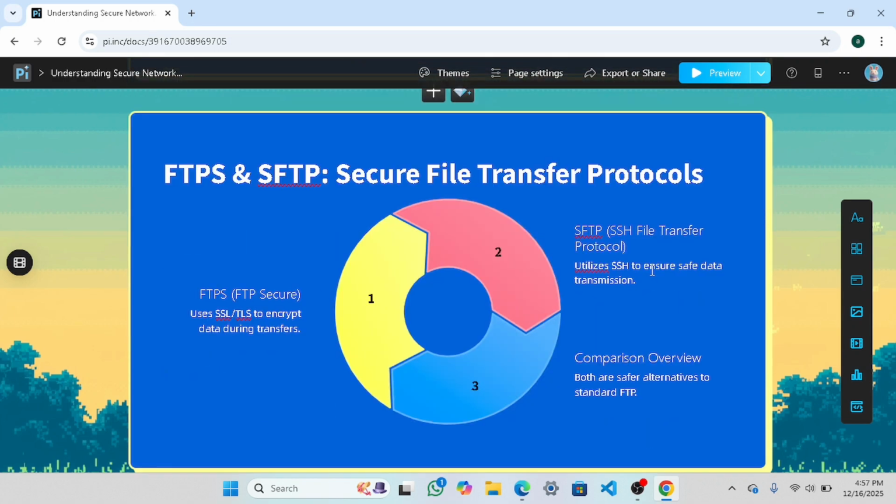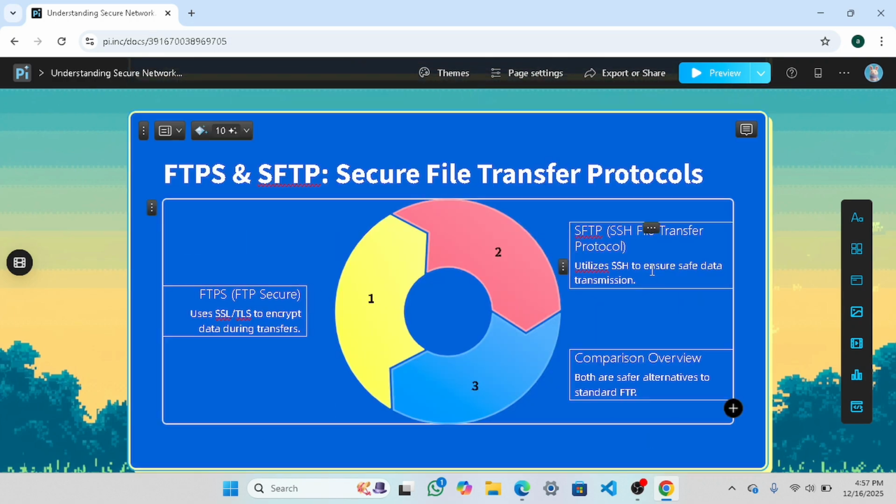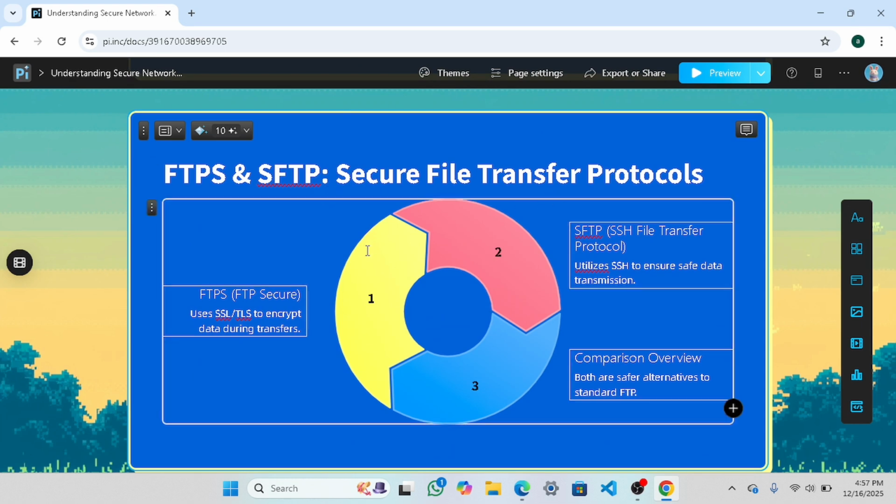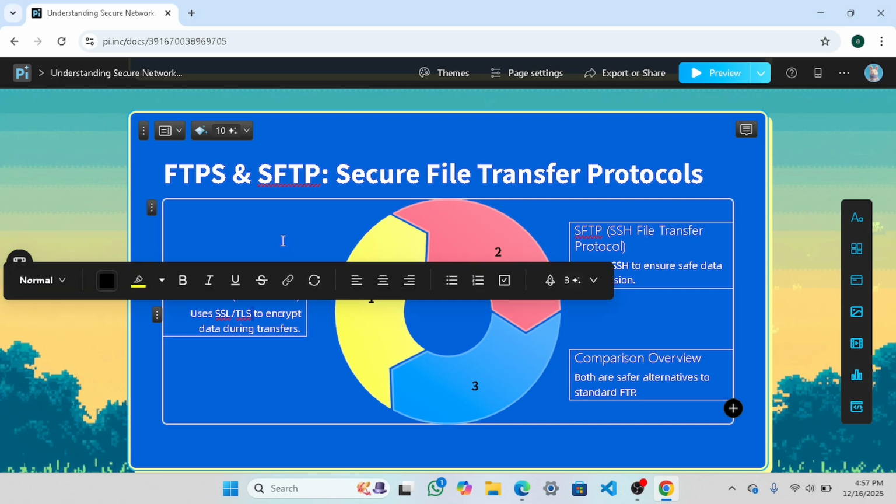Moving towards the next slide, where we'll see FTPS and SFTP, secure file transfer protocols. These are the protocols used for file transfer. FTPS is the secure version of FTP and uses SSL and TLS encrypted data. This is a very secure protocol. We have seen SSL and TLS a lot before.